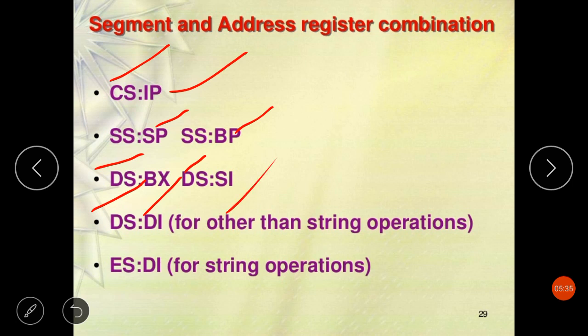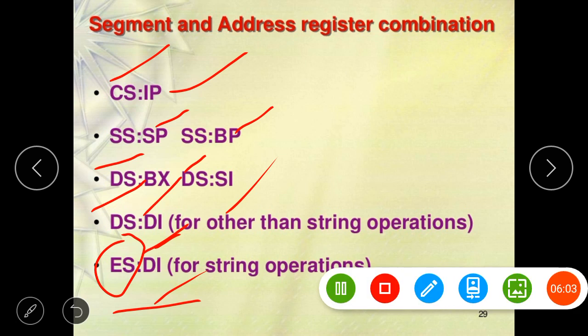Similarly for the data segment, for other than string operations, the destination index is used for storing the offset. For the extra segment, the extra segment register is used for storing the starting address and the destination index is used to store the offset.